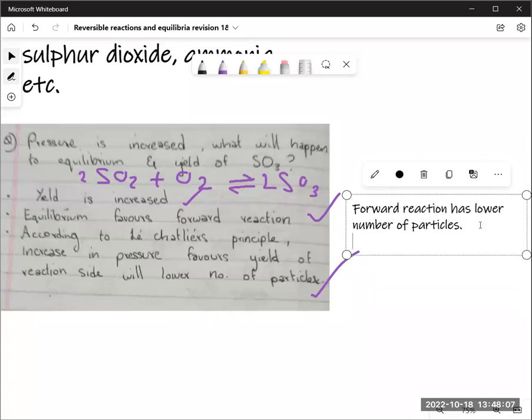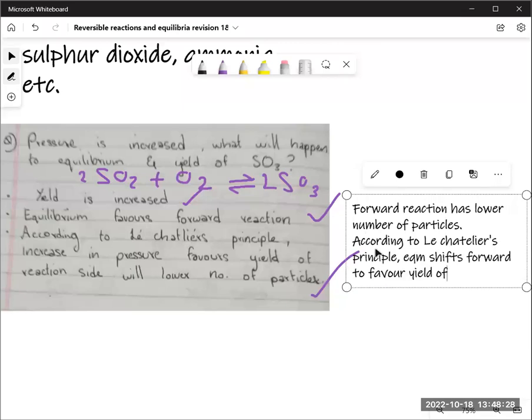Second, so equilibrium, then we'll say according to Le Chatelier's principle, exactly the same thing. Equilibrium shifts forward to favor yield of SO3.